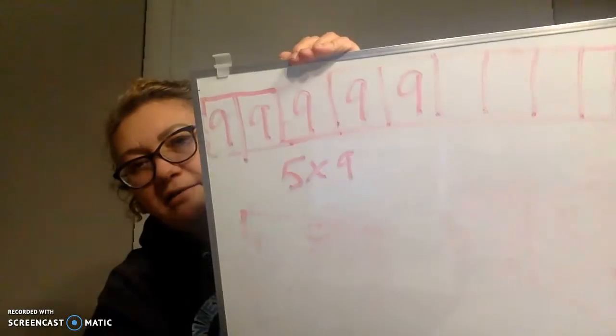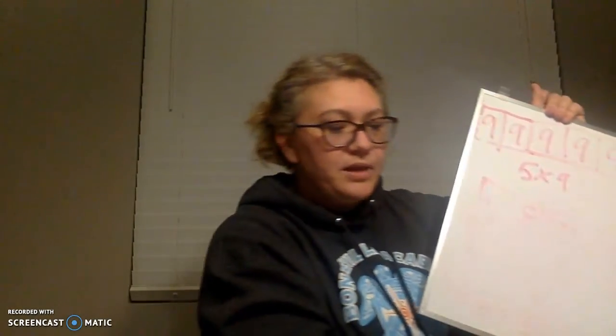Okay, so she fills, no, she fills 5. So we're going to put 9 in 1, 2, 3, 4, 5. And I have 5 times 9 right here. So here is 5 times 9, 5 boxes with 9 written in them.